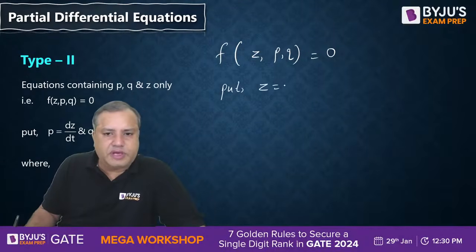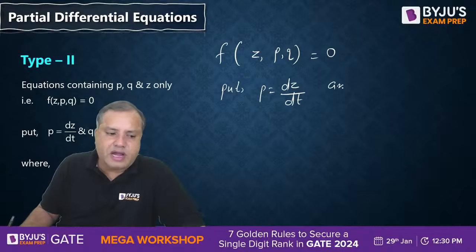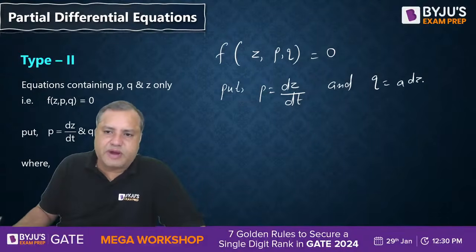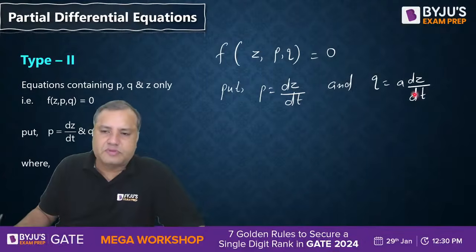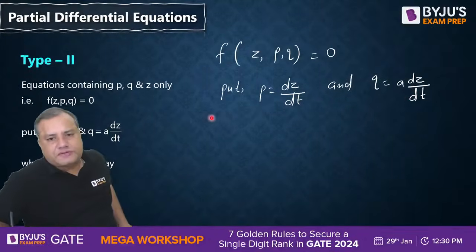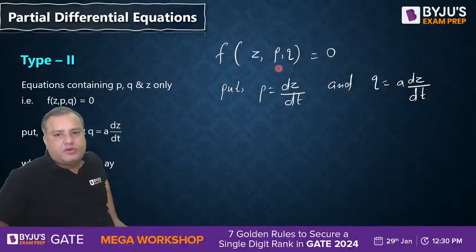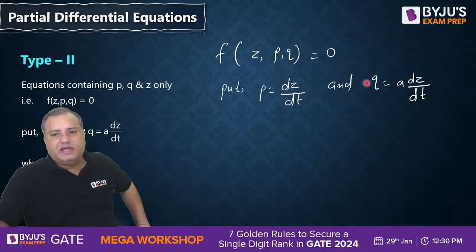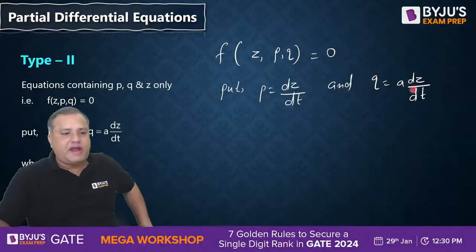You have to put P equal to dz by dt and Q equal to a dz by dt.